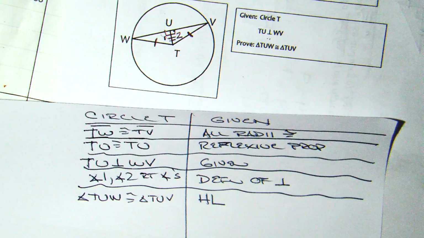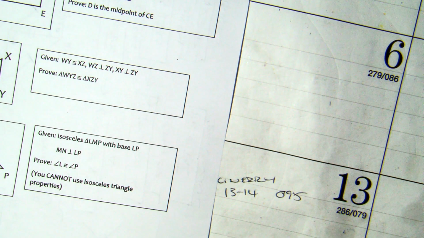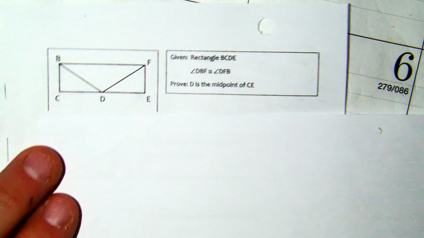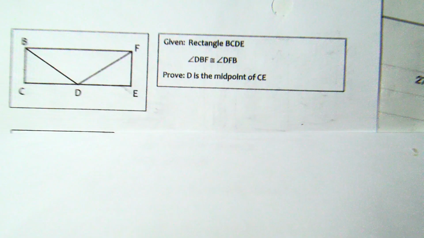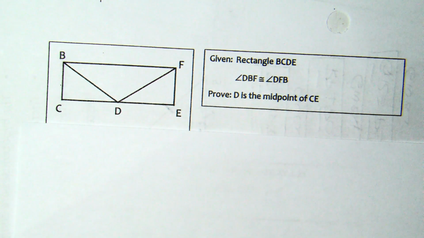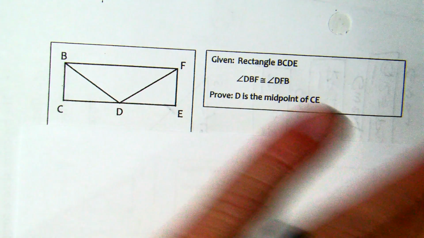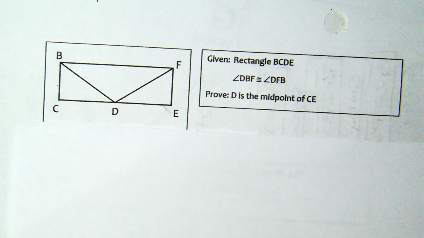Right. One more and then we'll call it a day. The one on the top of the next column. Alright, so you don't necessarily have to worry about it next week, but later in the year when we deal with quadrilaterals, this is going to be a big deal.